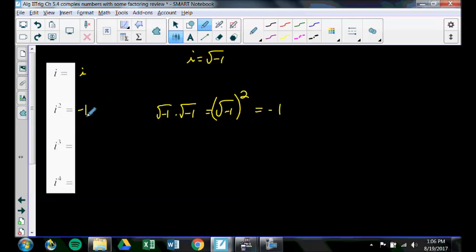So what's i to the third? Well, i to the third is really i squared times i. It's properties of exponents. There's 3 i's there, i times i times i. Well, it's i times i is i squared. i squared, we know, is -1. And -1 times i is -i.